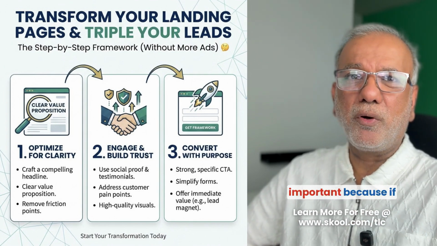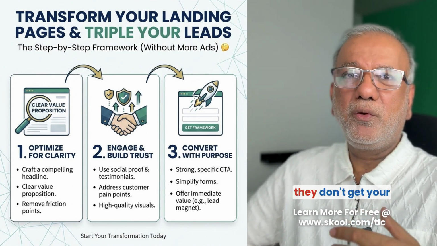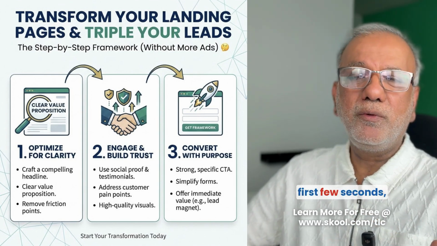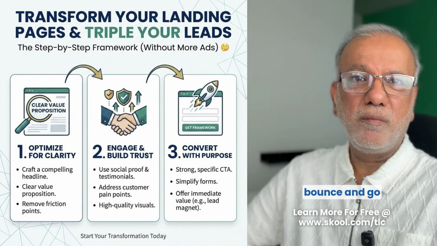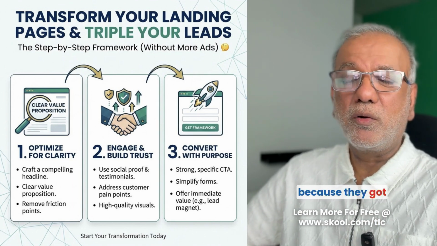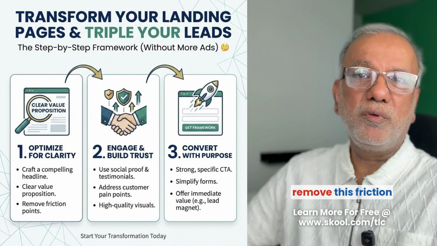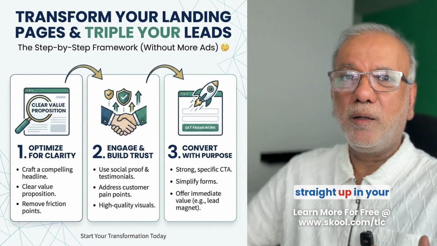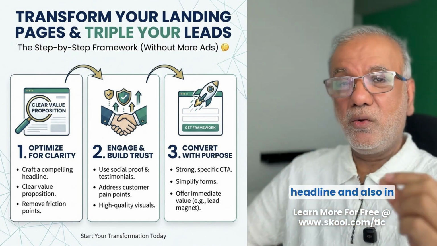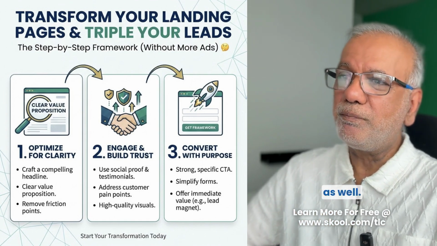This is really important because if they don't get your message within the first few seconds, they are going to bounce and go somewhere else because they got confused. So you got to remove this friction straight up in your headline and also in your subheadline as well.